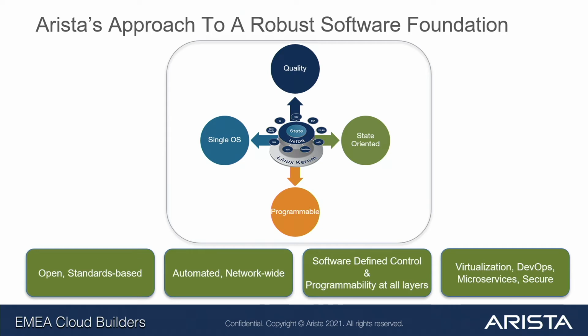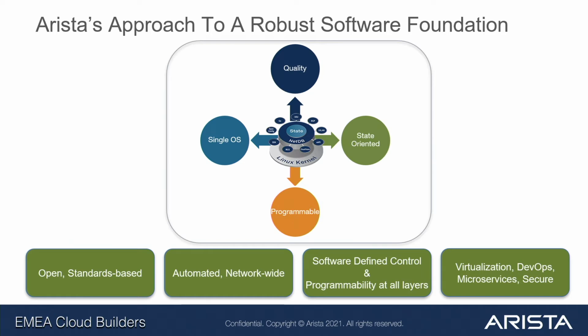Quality is obviously probably the most important part of EOS, right? So this ability to test every feature against every test case that we've ever written from the beginning of writing EOS every time we bring out a release. Every single time it goes through that auto test cycle to make sure that the most recent version of code is the most stable and the most reliable.